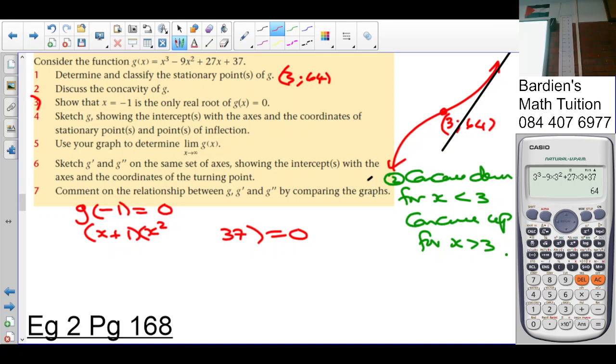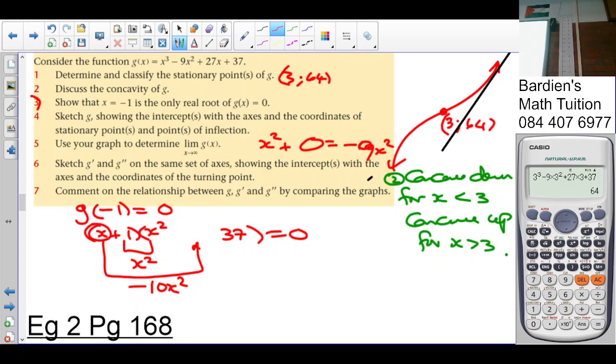That's going to give us x squared. So what must be added to x squared to give you negative 9x squared? Negative 10x squared. Negative 10x squared divided by x is negative 10x.